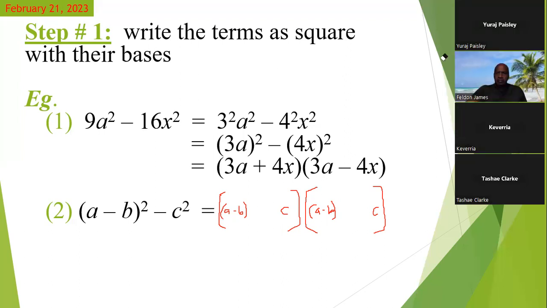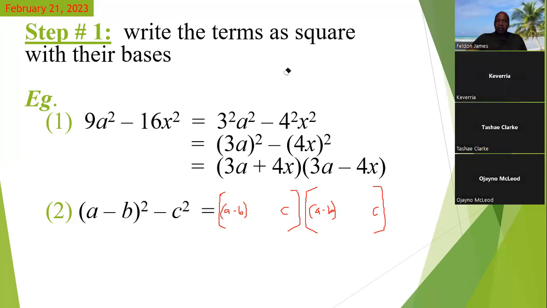Sir, why doesn't the C have a square? Because remember, if you look at the one above here, when we're factorizing difference of square, the formula, when we factorize it, is the base that we put in the bracket, not the entire term with the square. If you look at this term, Miss Caveira, is the base. All right, look up here. You notice this is actually the base we put in the brackets, meaning that we put them without the square.